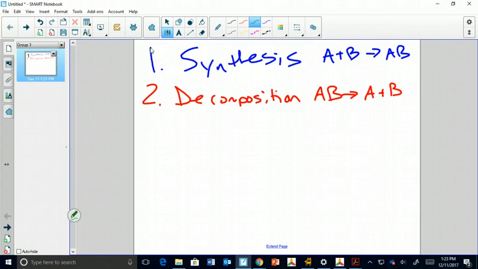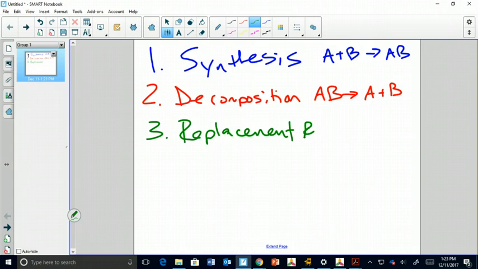Number 3, your textbook uses this term, the replacement. Replacement reactions. And I divide those into 2 pieces. The previous textbook I taught from divided into 2 pieces, and I think it makes a little more sense if we do it that way.